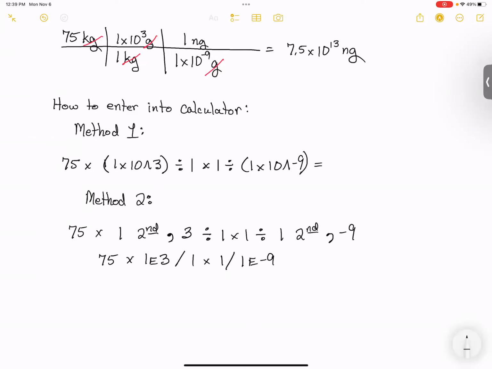Take your pick which one you do. Basically both of them get equal signs, or enter, whatever.